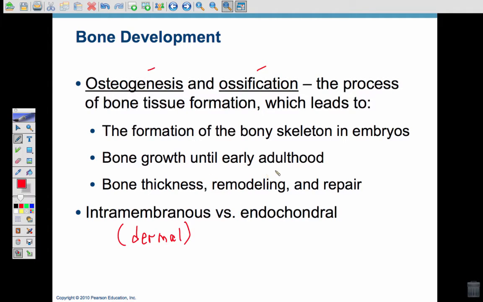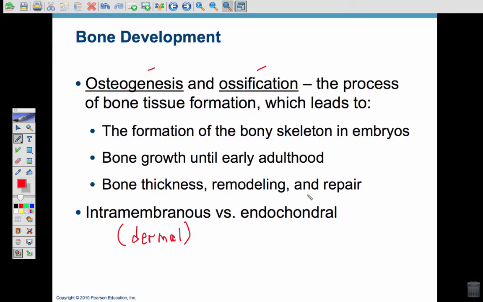It's a process that continues into early adulthood, extending into the early 20s. And then it's a process that is revisited time and again over the course of one's life to remodel a bone in response to the way our bones are used, the kinds of stresses that we place on them, and the kinds of movements and muscle contraction that pulls on the bones will cause changes in the bone in adjustment to those stresses.